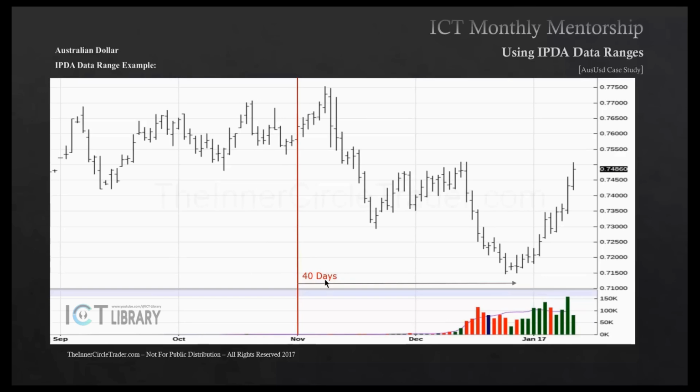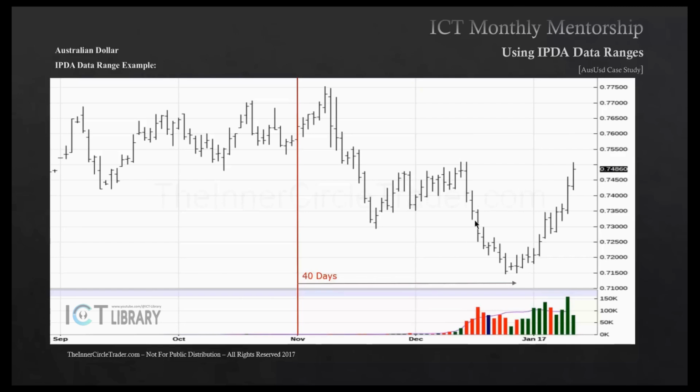Because inside that 40 days, just like when we look back for 40 days and look for the low for sell stops and we look for the high for the buy stops, in this range here, what is this? That's a low. Below that low is going to be what? Sell stops.